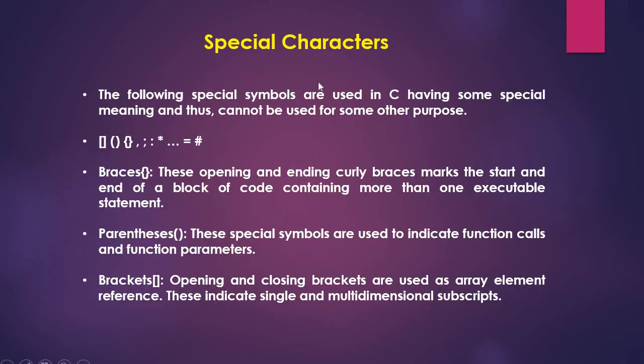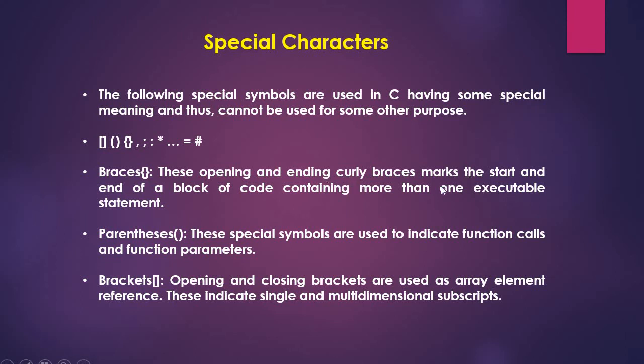Special characters. The following special symbols are used in C, having some special meaning, and thus cannot be used for any other purpose. Those special characters are square brackets, then normal brackets, curly brackets, semicolon, colon, comma, then the asterisk symbol, etc. Braces are for opening and ending.